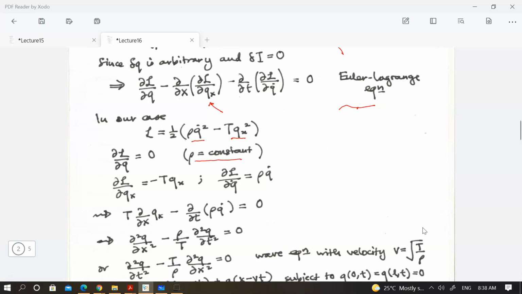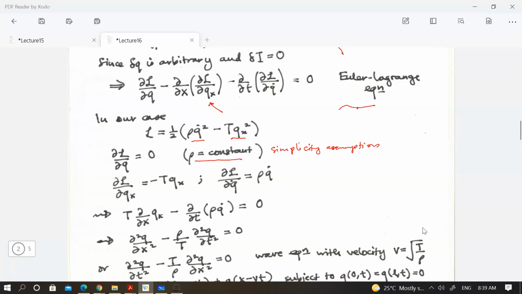Of course, in your string, your rho could be changing from point to point, but for simplicity, we say that your density is the same throughout the string. So when you take the derivative with respect to q, it doesn't operate on this rho because it's just a constant.